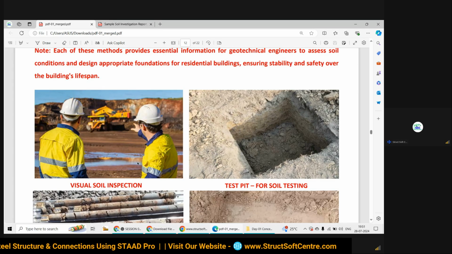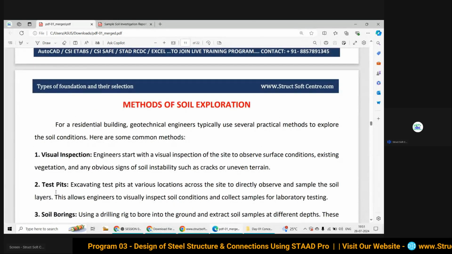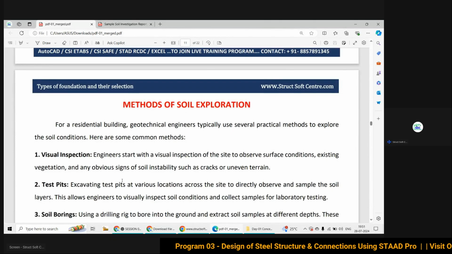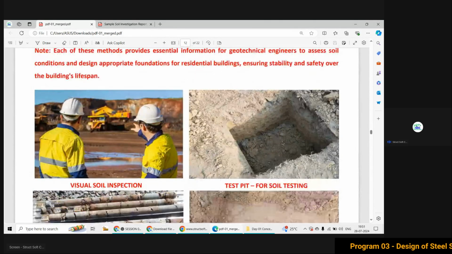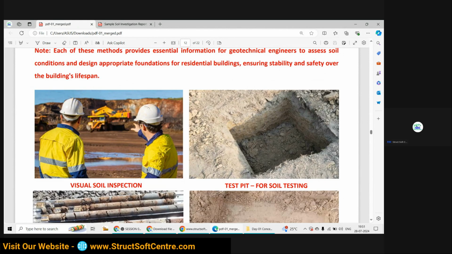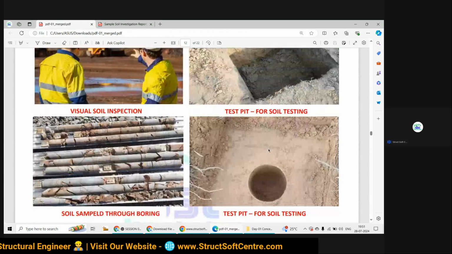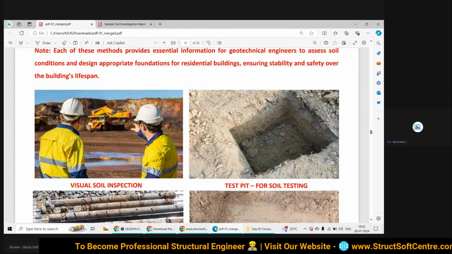And in that, if the structure is not that important, the most common method is what? Test pits. In simple terms, we do an excavation on site to some depth, and by visualization we find the hard strata, and wherever we get the hard strata, at that level we are going to do two things.